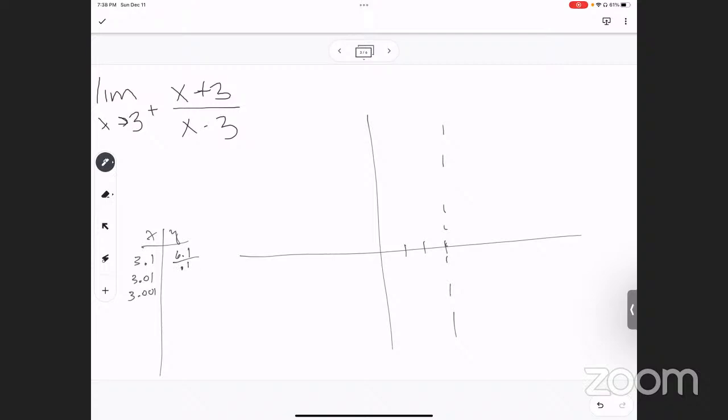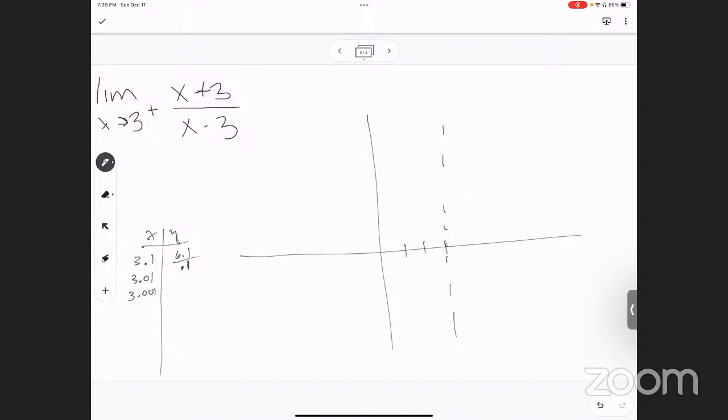So that's pretty big. Anytime you divide by a small number, that makes this fraction a very large number.